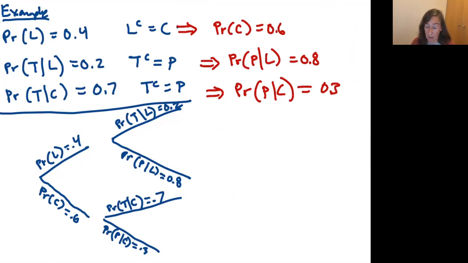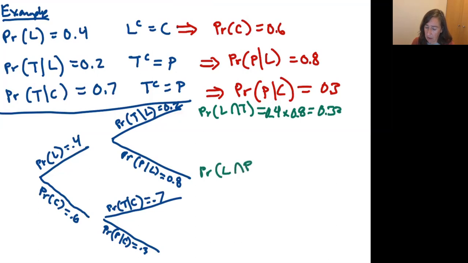The probability of being liberal and traditional is the product of the probabilities on all the branches. To get that number, it's 0.4 times 0.8, 0.32.